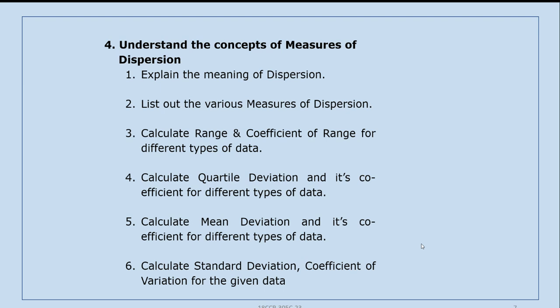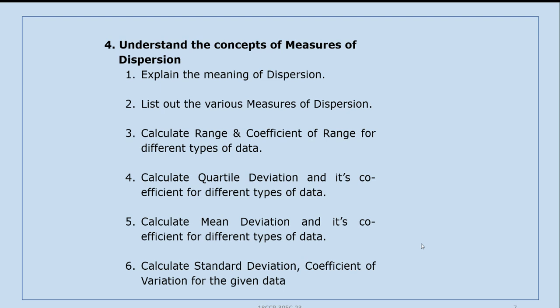And with this brief revision of the last lesson, we will go to the concepts of measures of dispersion, where the unit is divided into 6 sub-concepts or objectives: meaning of dispersion, various measures of dispersion, calculation of range and coefficient of range, calculation of quartile deviation and coefficient of quartile deviation for different types of data, that is for individual observations, discrete series and continuous series.